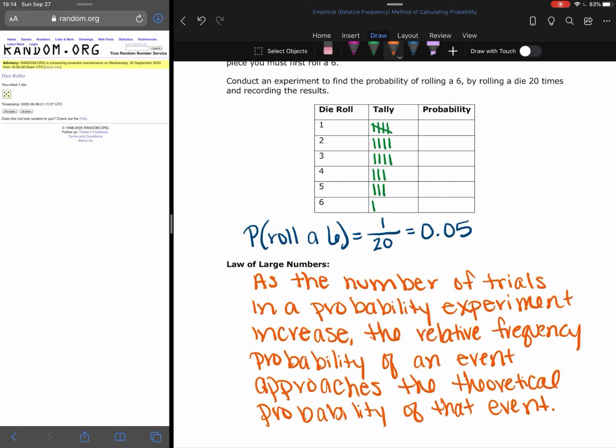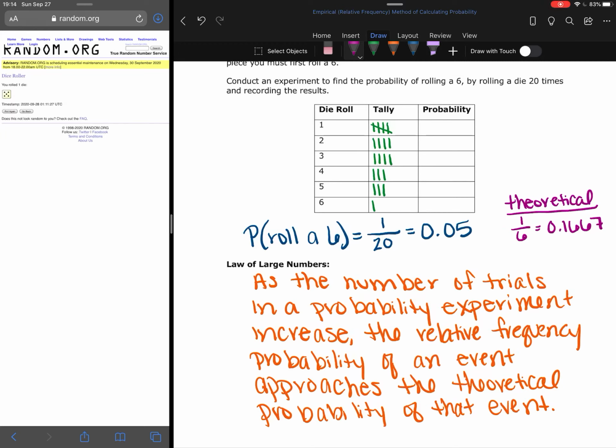So what this means is, if we were to continue rolling the die over and over and over again in this experiment, and instead of only doing it 20 times, we did it 200 times, the probability that I roll a 6 would get closer and closer to the theoretical probability of rolling a 6. And the theoretical probability of rolling a 6 is 1 6 and 6 outcomes, which is 0.1667.